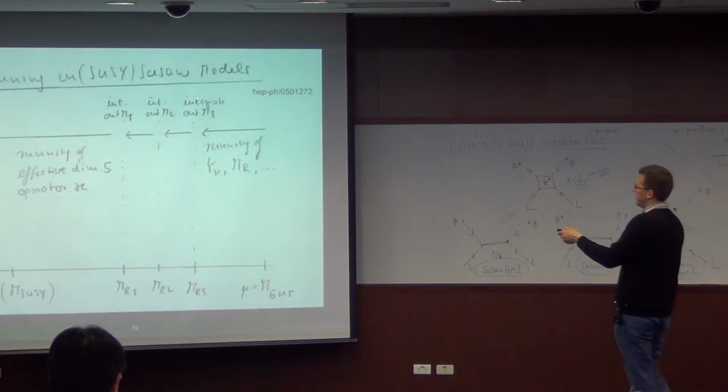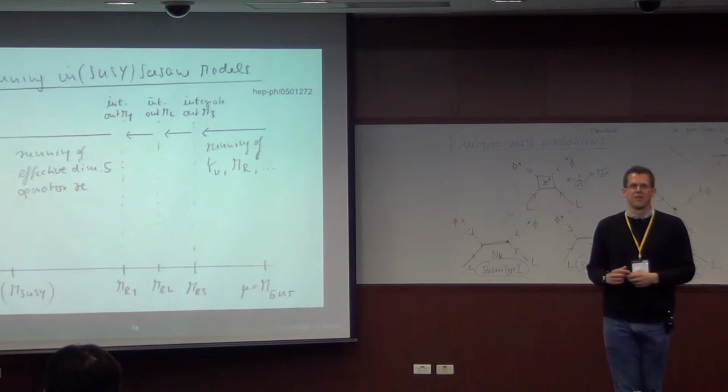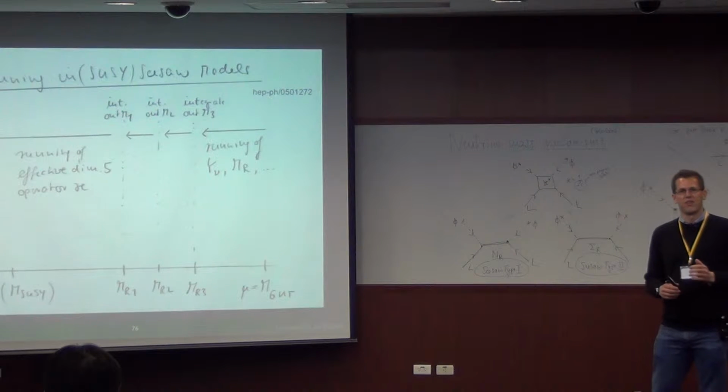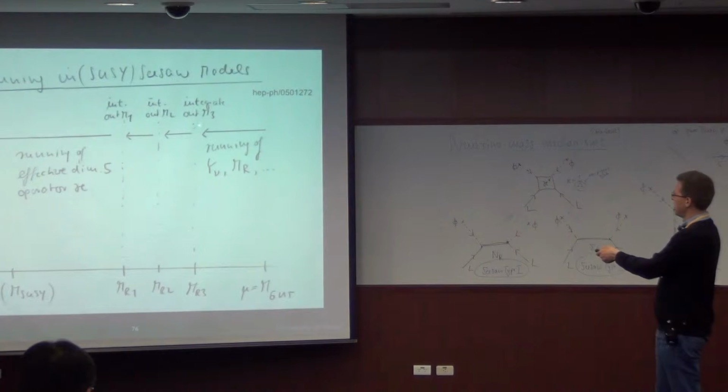Now when you are at this scale, you have to re-diagonalize the mass matrix of the right-handed neutrinos. You have to integrate out the one which corresponds to this threshold. That's at least the cleanest way to do it. Then you reduce your neutrino Yukawa matrix to a 2 times 3 matrix.